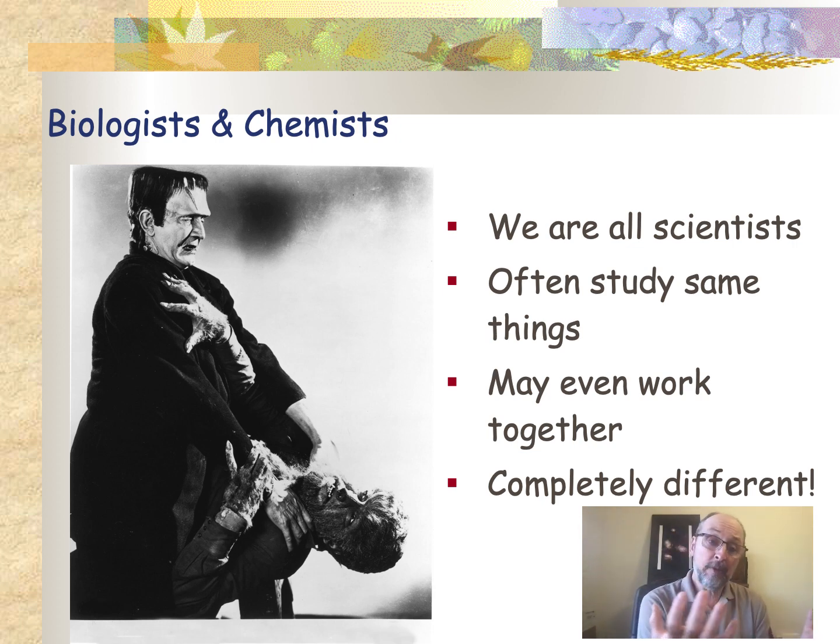And even though sometimes chemists study biological molecules, often chemists kind of come at it from a different way, and they're more likely to be much more focused on math and ratios of things. So chemists and biologists often work together, but there's some differences. So anyway, it's kind of my jokes.